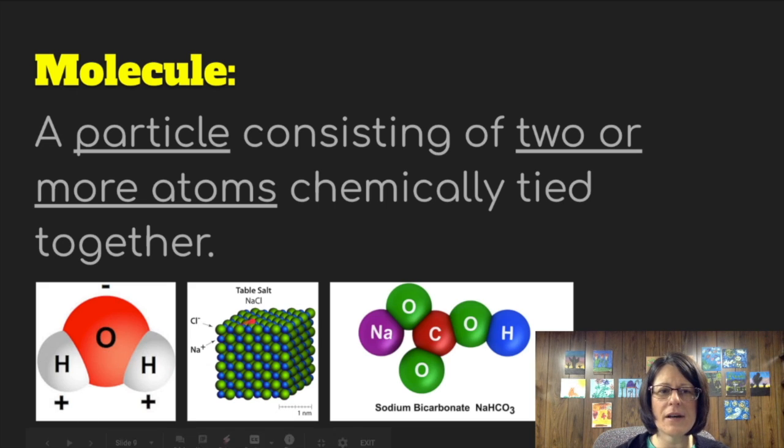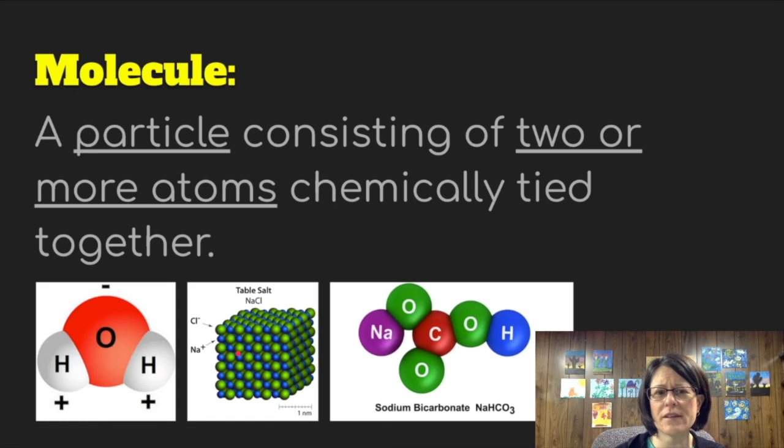Here is a model of sodium chloride. For every sodium, actually these are ions, we'll talk about that later. For every sodium ion, there is a chloride ion bonded to it in this structure. And if you've ever seen a crystal of table salt, you've noticed that it's in a square.